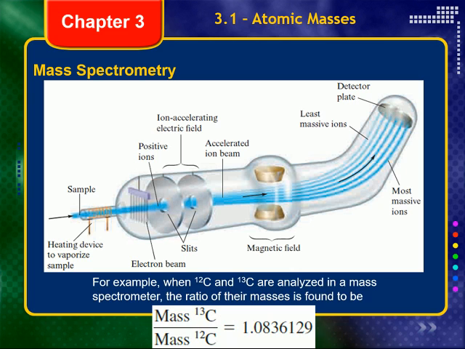For example, when carbon-12 and carbon-13 are analyzed in a mass spectrometer, the ratio of their masses is found to be 1.0836129. It's a very precise machine.